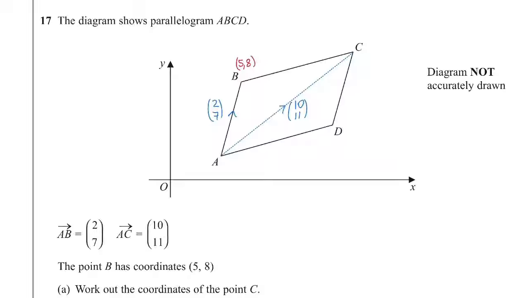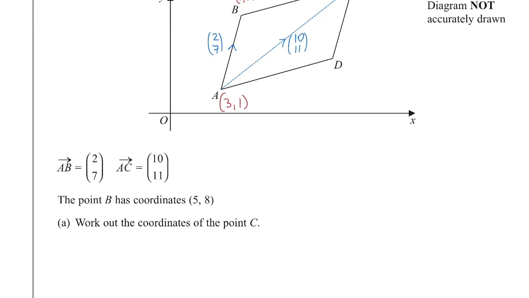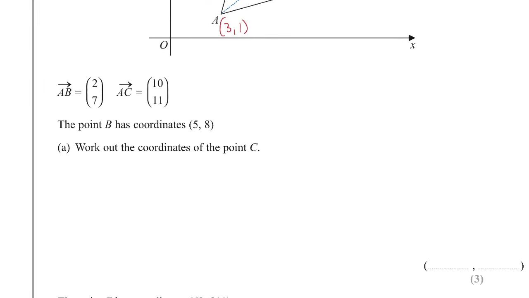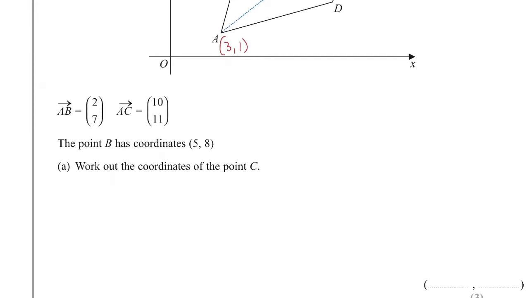Now, I will work by first finding the coordinates of A. From A, I go 2 to the right and 7 up to get to B. So A must have coordinates (3, 1). And then to go from A to C, I go 10 to the right, so 13, and 11 up, 12. So the coordinates of C should be (13, 12).